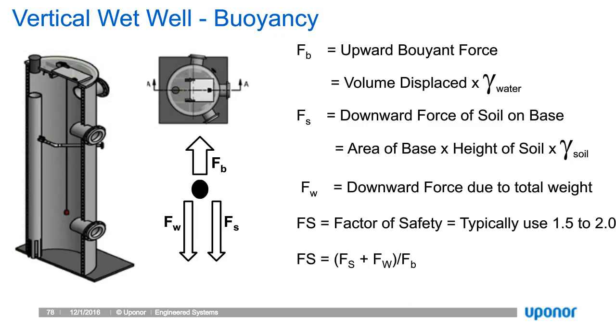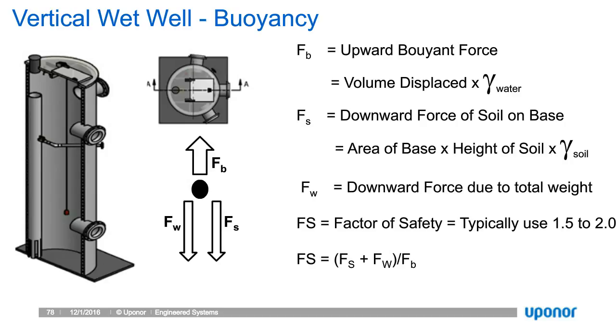Buoyancy is calculated based on the volume of displaced water, which is basically the volume of the vessel times the specific weight of water, or 62.4 pounds per cubic foot. Then the weight of the structure is the force down, and we also have the soil column's load on the horizontal projection.